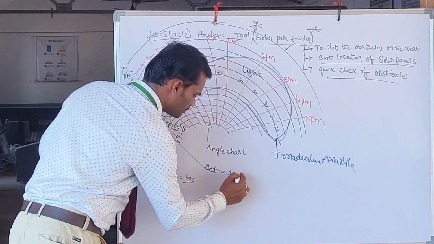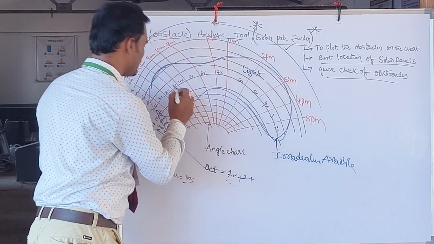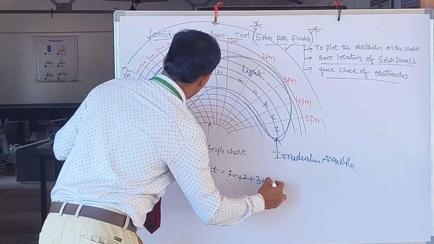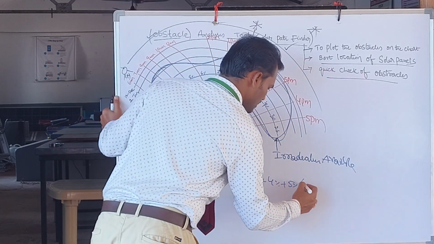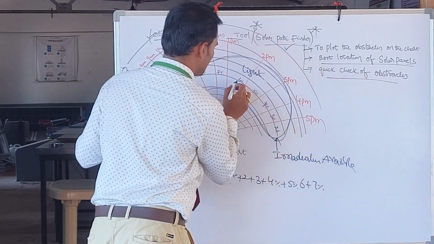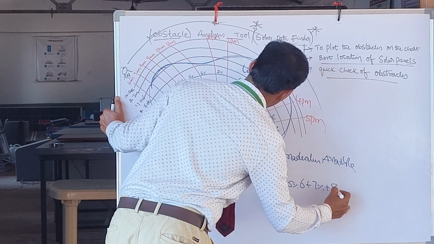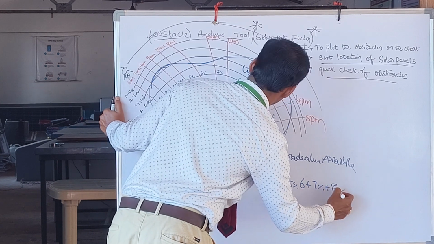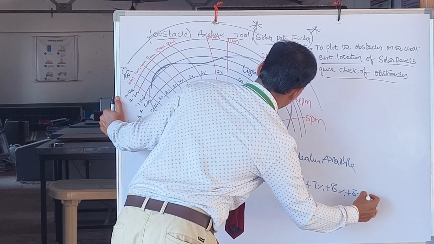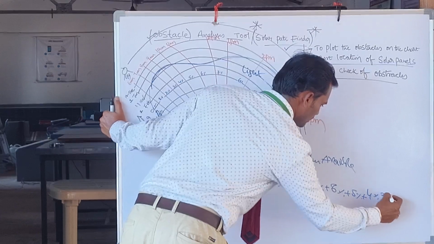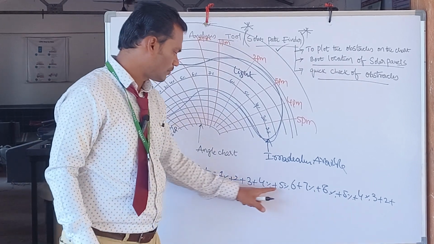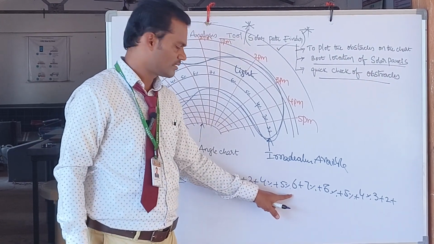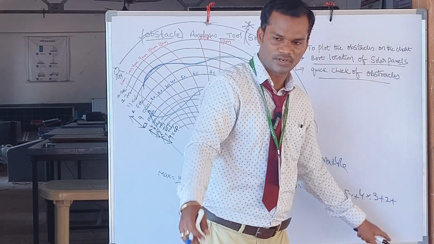So 1 plus 2% plus 3% plus 4% plus 5%, 6, 7, and here this is also covered, and again 6, again 5, and again 4, 3, 2. Okay, just count these values. So 1 to 6 plus 7 to 2, count these values.